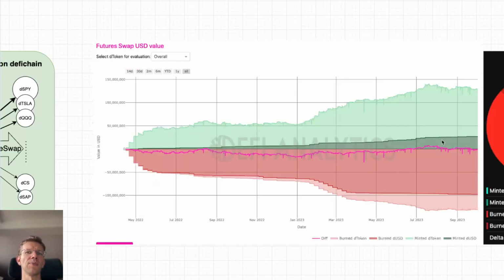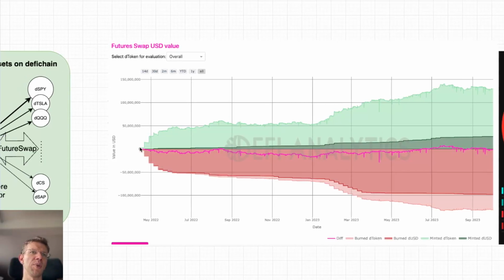So if we do that, we see here from the beginning, up are the minted tokens. Bright green is the minted dTokens, dark green is the minted DUSD from the FutureSwap, and down dark is again the burned DUSD, and light red is the burned dTokens.